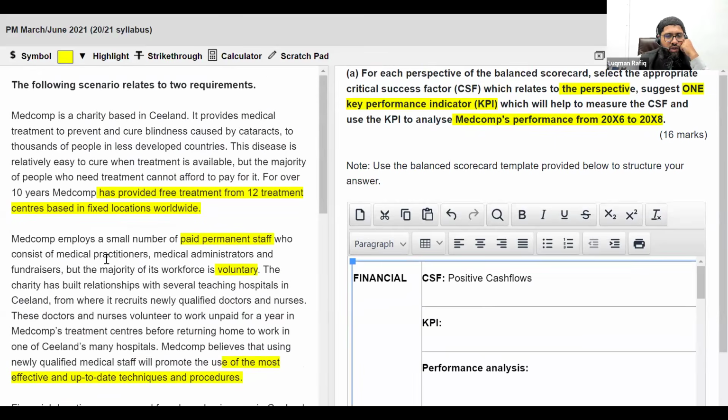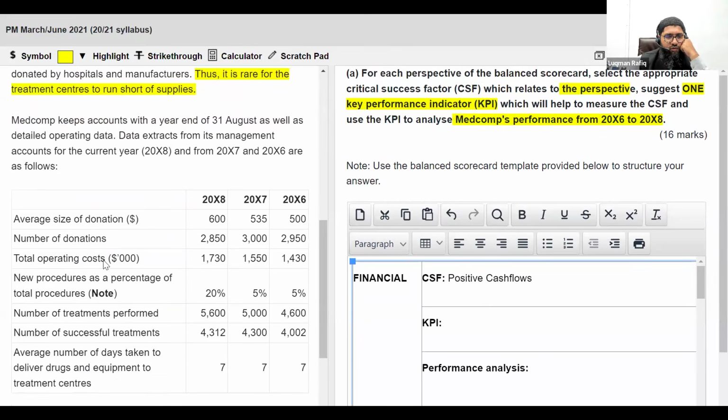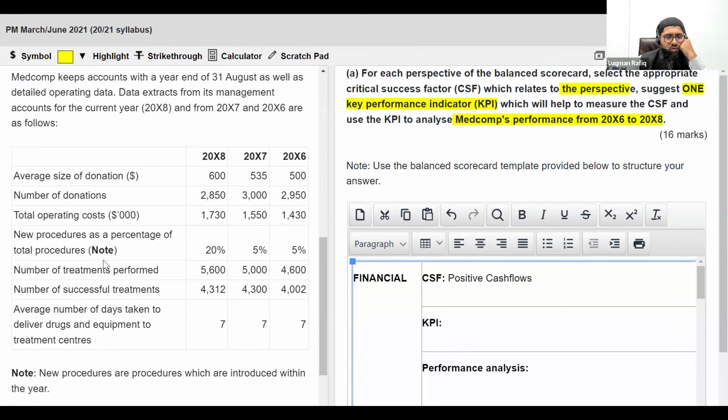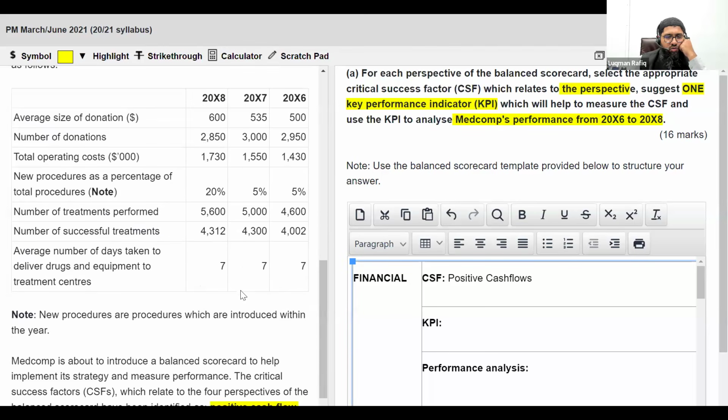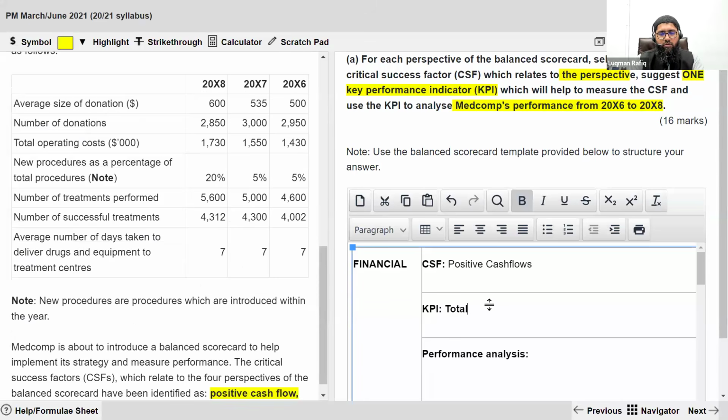Now, how would you make sure of the positive cash flows? What is the KPI going to be? Total donations less total operating cost.